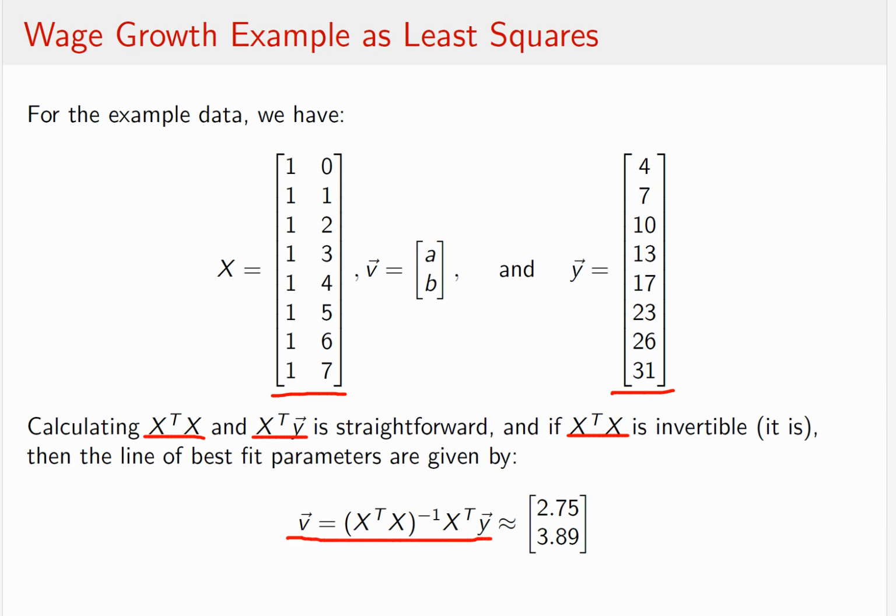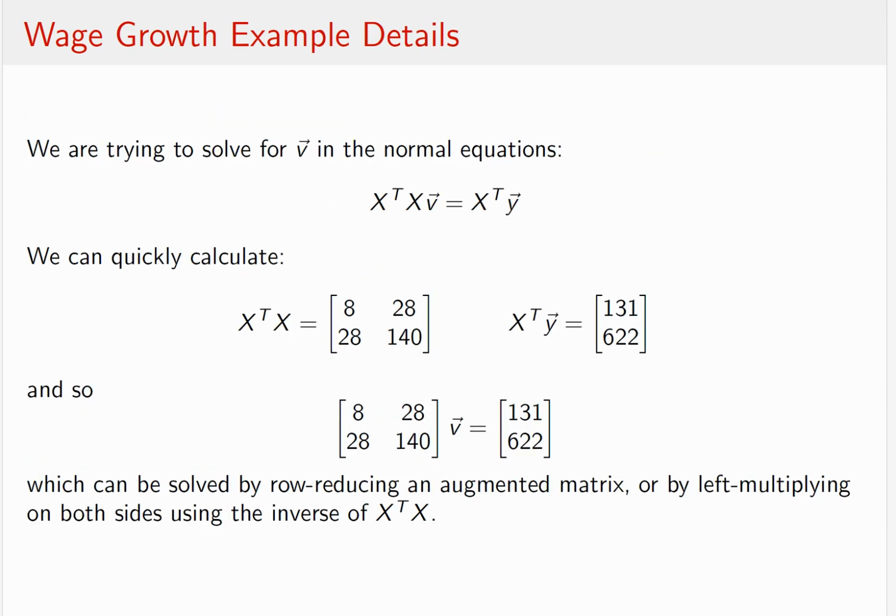But we know that x transpose x is always invertible. Okay, and then we have a calculation of a and b. Okay, well, that was interesting. That's how a lot of computers do it. They do it with the linear algebra because it's just calculations. There's no setting things equal to zero, solving, simplifying. It's pretty straightforward.